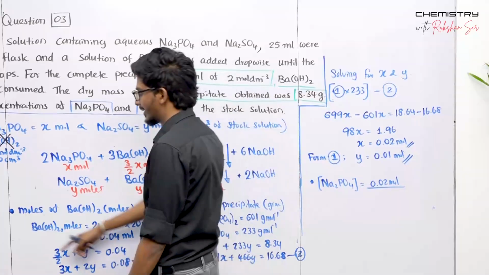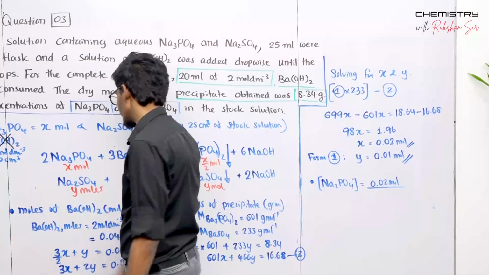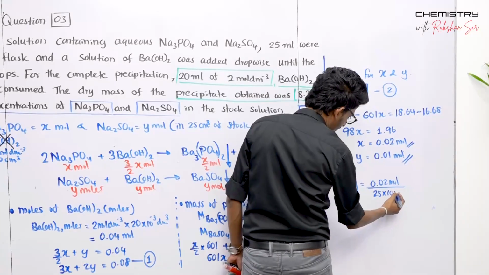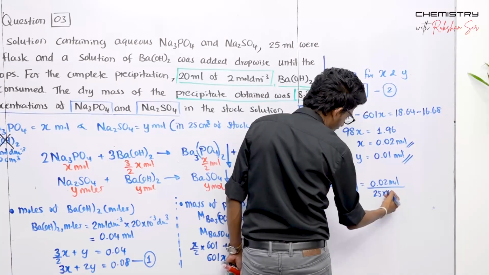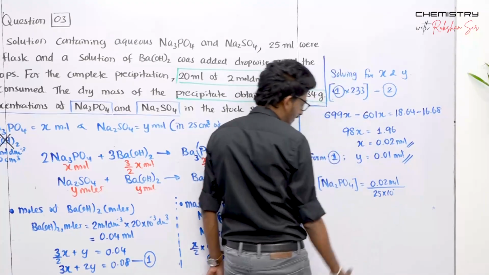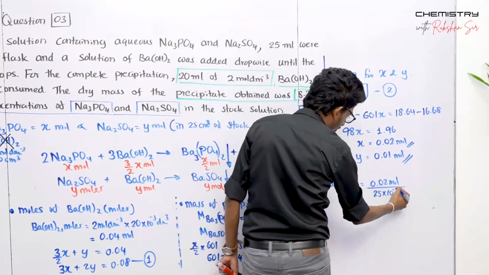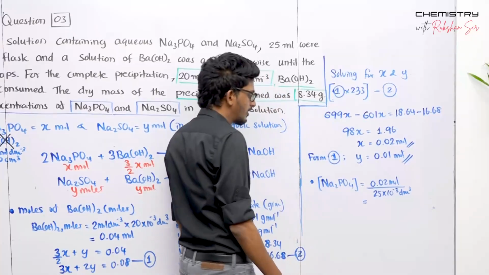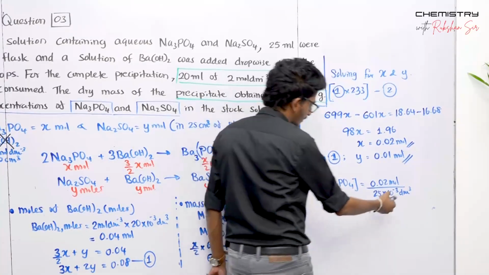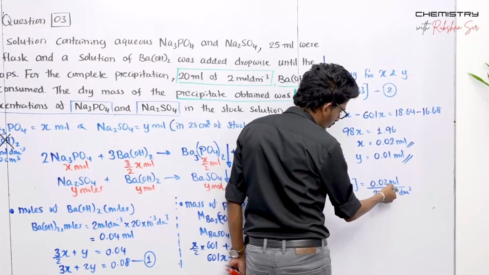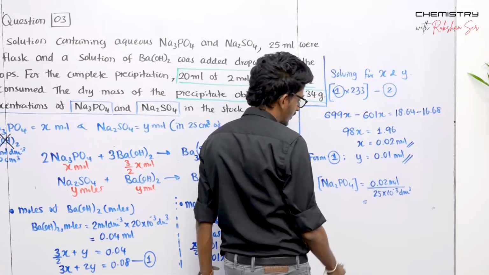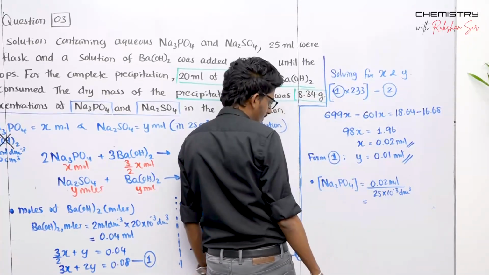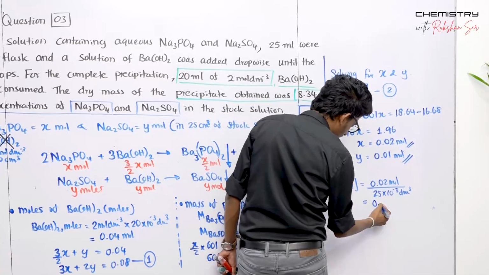The volume is 25 cubic centimeters, so volume should be written in terms of decimeter cubes for the concentration. So it is 0.02 over 25 into 10 to the power minus 3, which is 0.8.